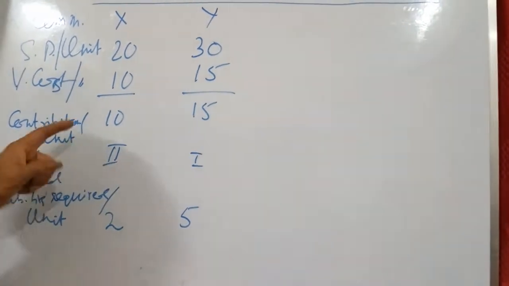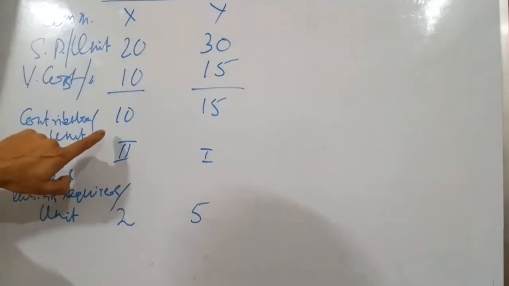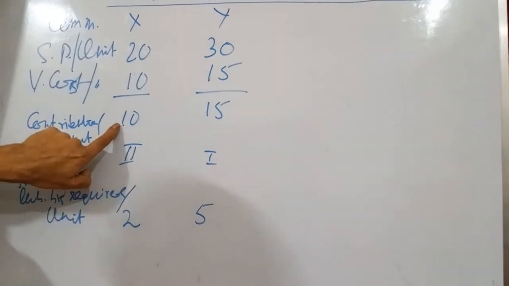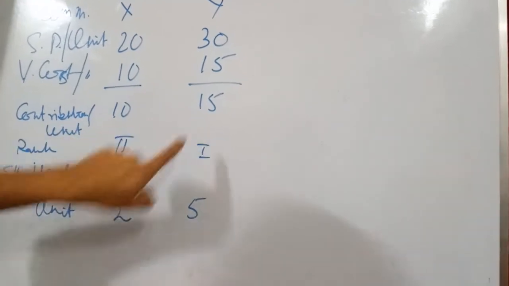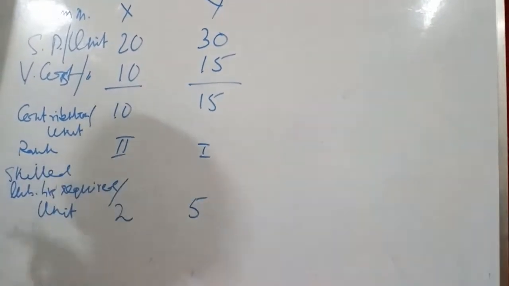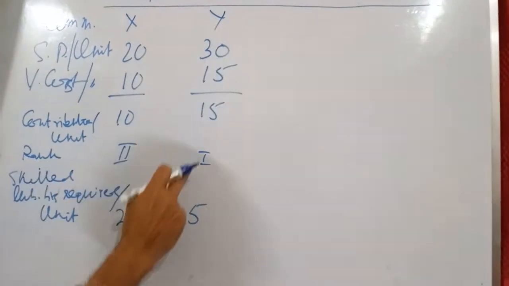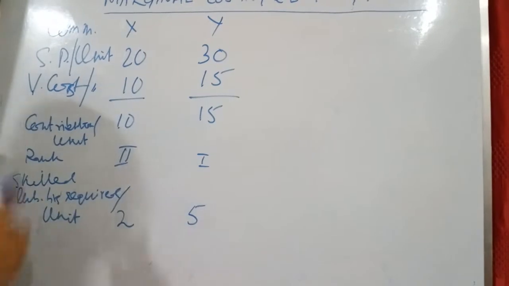So this was contribution per unit, that means X is giving rupees 10 contribution per unit and product Y is giving rupees 15 contribution per unit. If we rank the products at this stage, then product Y will rank as first and product X will rank as second.